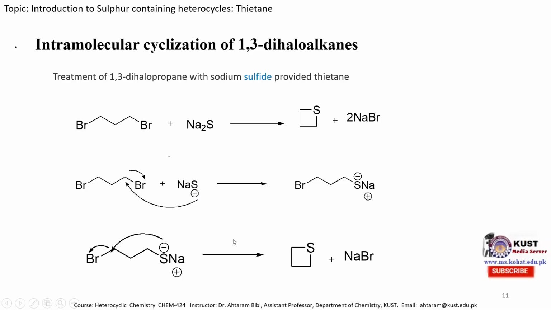And in the second step, this sulfide ion attacks this carbon atom and releases the bromide ion. So this bromide ion takes this sodium atom and produces the sodium bromide molecule as well as the Thietane molecule. So we can obtain Thietane molecule from the reaction of 1,3-dibromopropane when it is reacted with sodium sulfide.